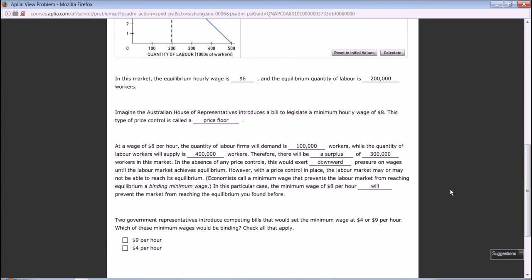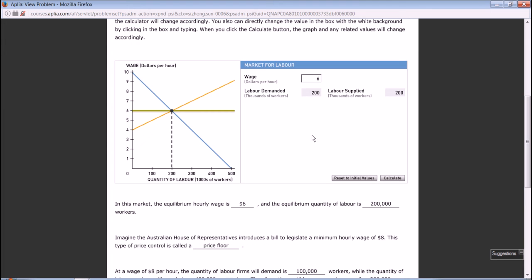Two government representatives introduced competing bills that would set the minimum wage at $4 or $9 per hour. Which of these minimum wages would be binding? If it is a $4 minimum wage, then the equilibrium wage of $6 is already higher than the minimum wage, so the minimum wage is not binding.